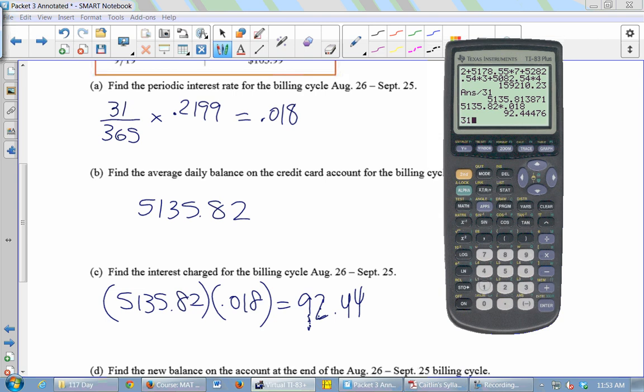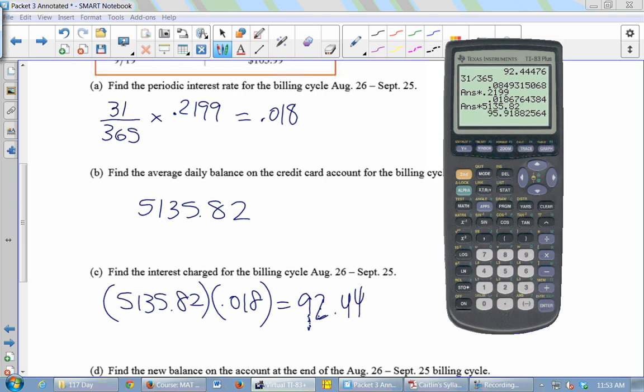If we do 31 divided by 365 times 0.2199, you get 0.01867, right? If you multiply that, without doing any rounding, times your average daily balance, it actually comes out to 95.91.